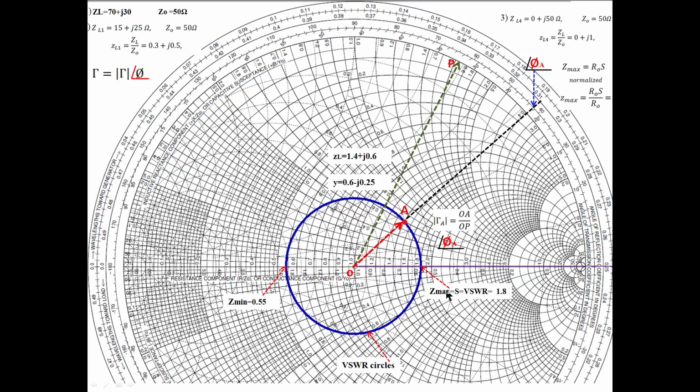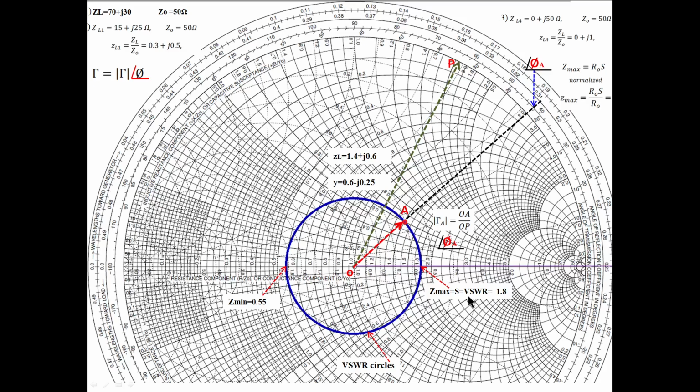And it is normalized, because on the Smith chart whatever you read is the normalized impedance. So whatever Z maximum you get is a normalized impedance. Now it is 1.8 because x is equal to 0, it is intersecting here. X value is 0 along this horizontal line, R value is this circle value, that is 1.8.